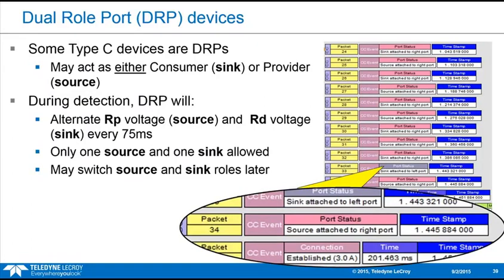The analyzer shows it as sink attached to the left port. So right there, the source knows it's attached to a sink. You can only have one source and one sink, right? So they can swap later, and we'll look at that. But this is what you see when you've got an established contract or an established connection.